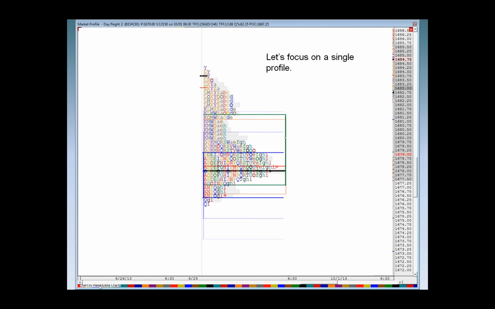Even though when I'm looking at an active session, the profile is evolving and being developed, to a large extent, it still is not complete, and it is difficult to try to extrapolate or make a lot of decisions based on a developing profile. So the key point to make here is that a completed profile is the most useful profile for us in terms of our analysis of what's going on in a current and active profile.